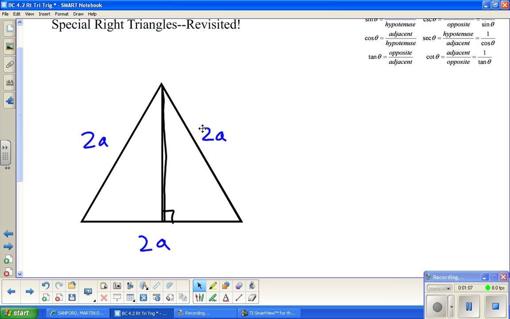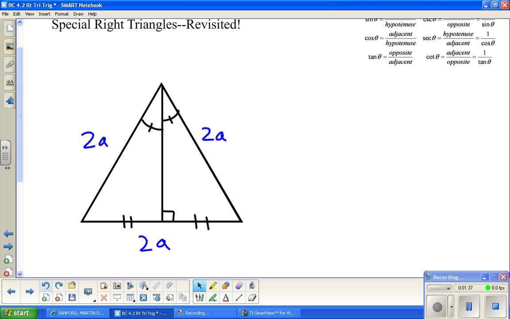The reason I'm doing that is because of the symmetry of this particular triangle. Not only does that make a perpendicular line, that's what an altitude does, but it also bisects this angle, and it also divides this side in half. And so a lot of cool stuff happens as a result of this.